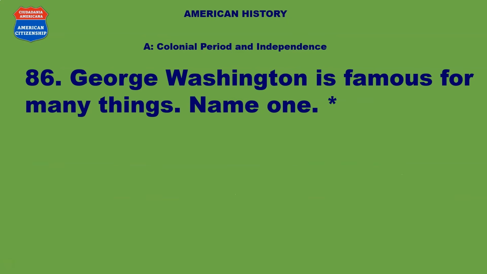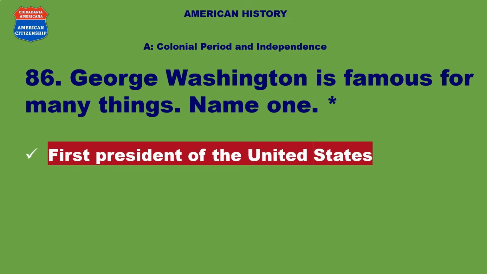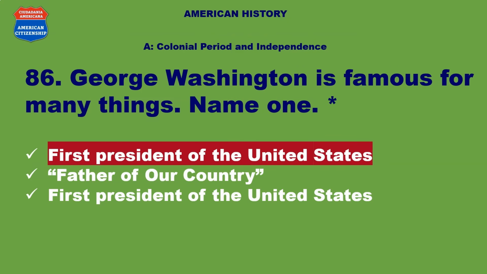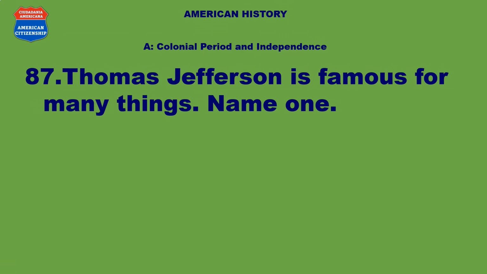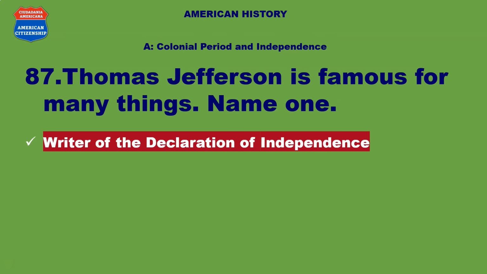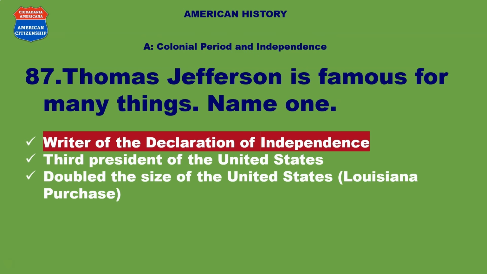George Washington is famous for many things. Name one. First President of the United States. Thomas Jefferson is famous for many things. Name one. Writer of the Declaration of Independence.